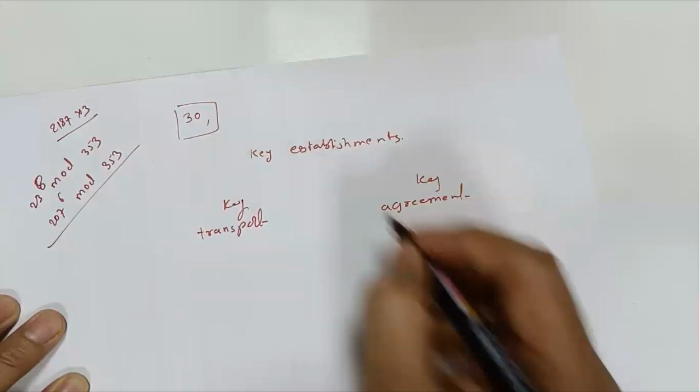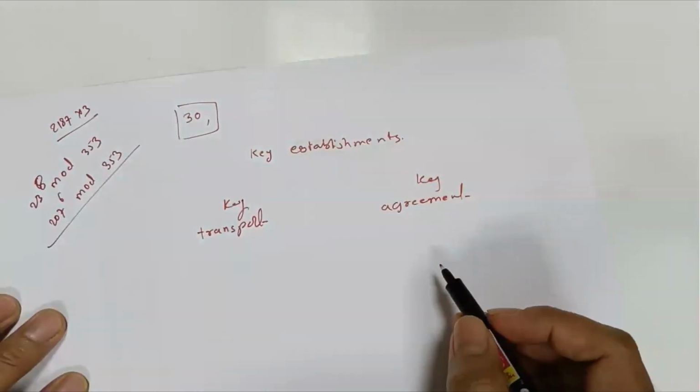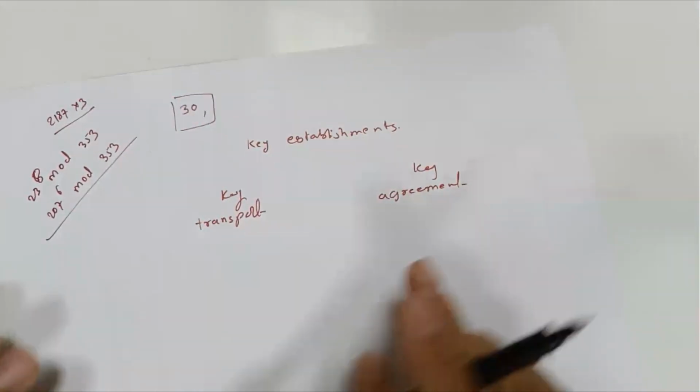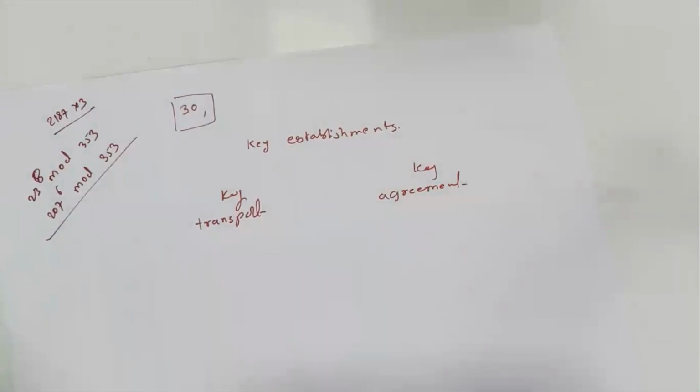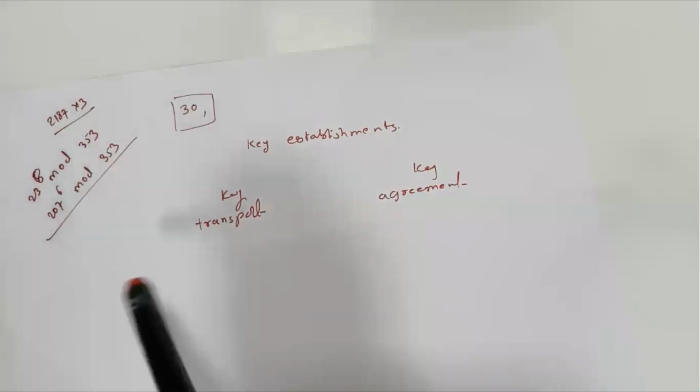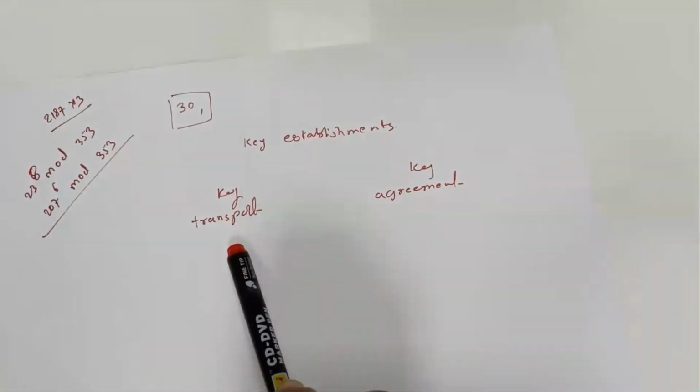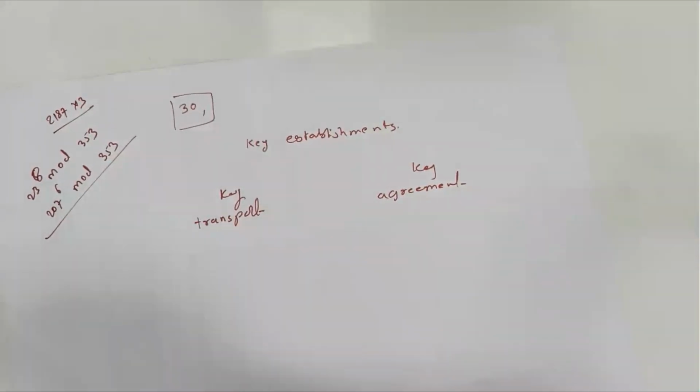So Diffie-Hellman falls in which category? The key transport is where I'm sharing my key with you. So that is a key transport.